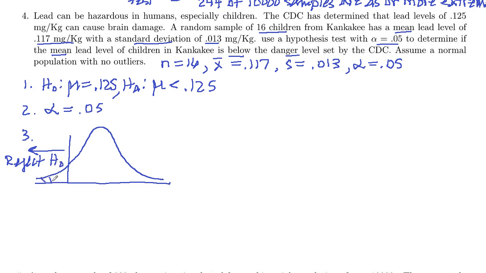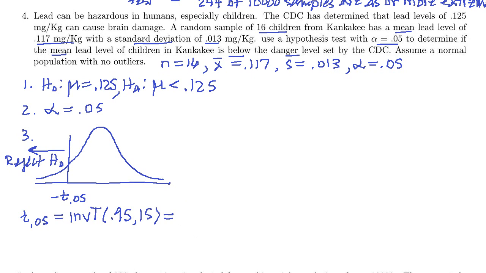And this area right here is 0.05. So this value is going to be T 0.05 and then do the negative. So we need to find that T 0.05. So we're going to do inverse T. And the right area is 0.05, so the left area is 0.95. And then our degrees of freedom, 1 less than sample size, so 15.